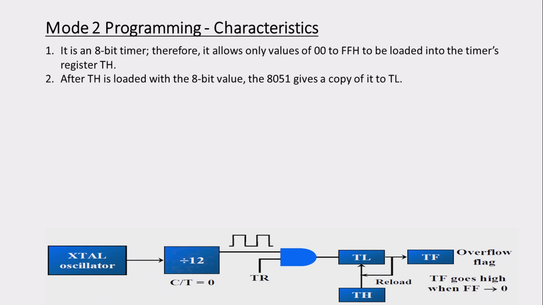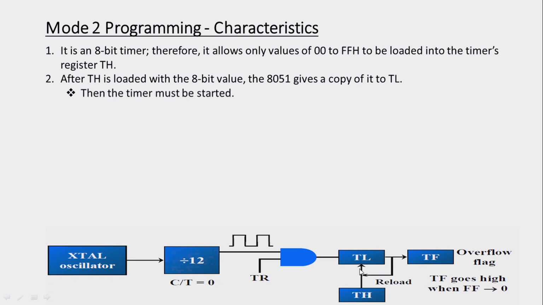The value loaded into the TH register does not vary at all. As you can observe in this diagram, the value is loaded into the TH register and the copy is given to the TL register. In the incrementing part and the TF flag part, TH is not in the picture. Only the arrow mark shows the value being loaded.